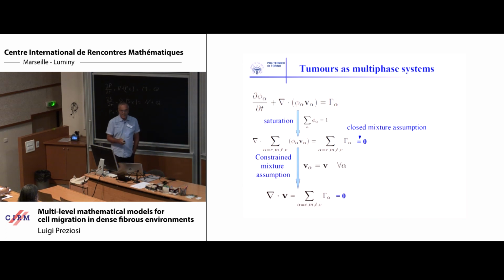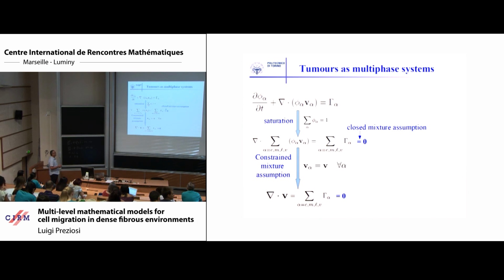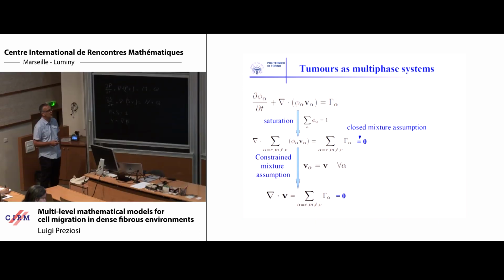Why is this also useful? Because of the same reason. If you look at this sum, if this velocity is independent of alpha, then you can take it out of the summation, and you are left with the sum of phi alpha, which is 1, and then you are again in the same framework that you had before. The divergence of V is equal to 0. This V is the common velocity.